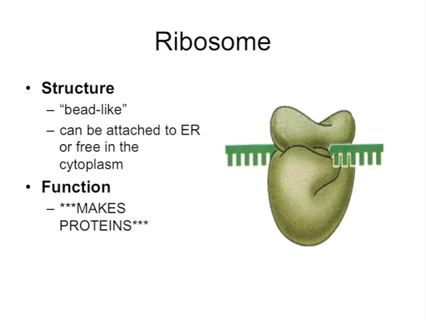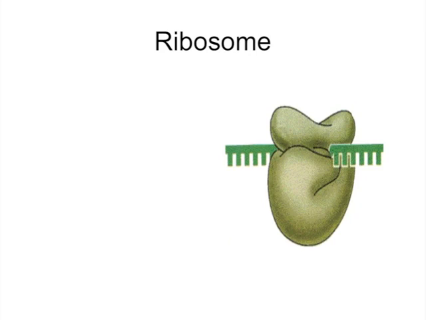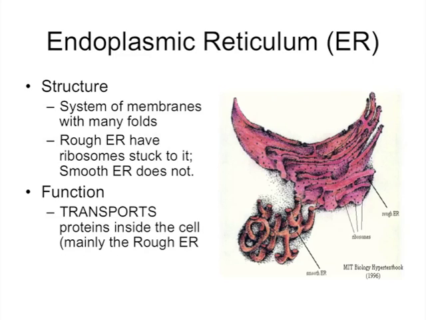And now again, if we think back to structure and function being related to each other, the ribosomes make those proteins, and we usually find them attached to the ER. And if we think back to what the ER's job was, its function, the main job for the ER was to transport the proteins.